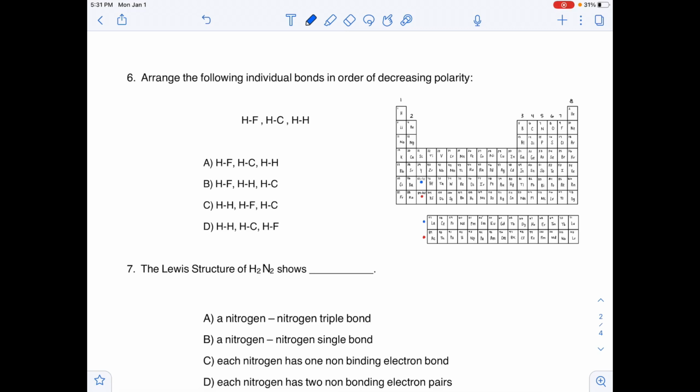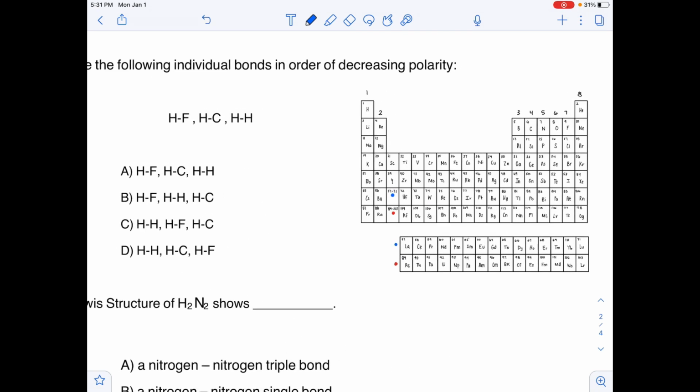For 6, it says arrange the following individual bonds in order of decreasing polarity. When we look at our periodic table, to know if something is more polar than another, we look at the distance between the two elements. Hydrogen bonded to another hydrogen is right next to each other, so that's not going to be as polar as hydrogen being bonded to carbon.